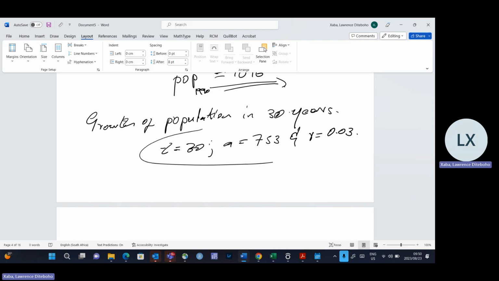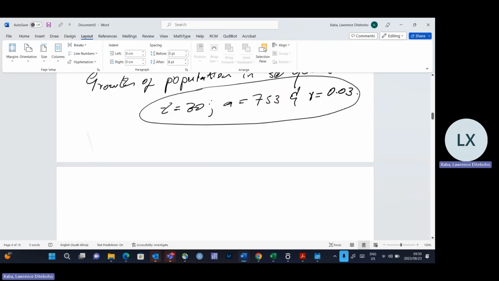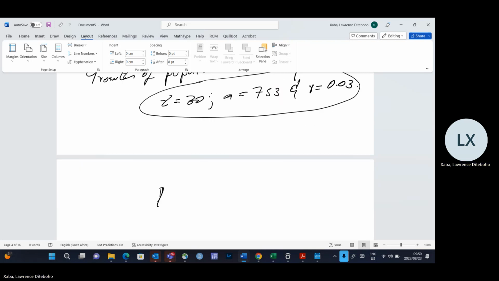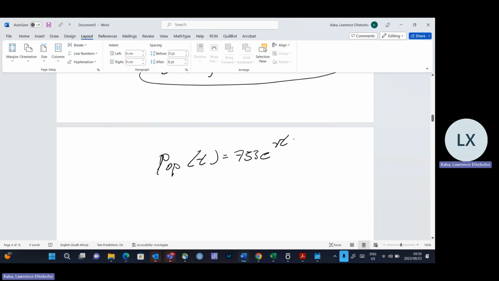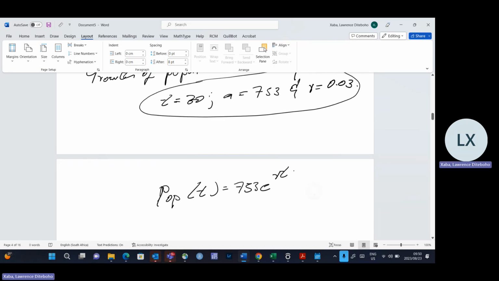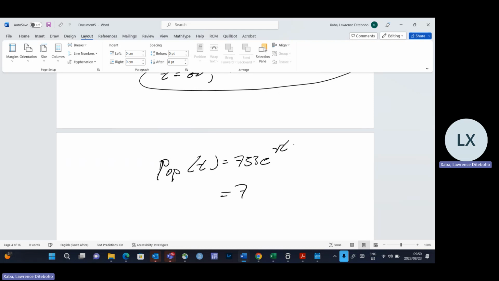So this information that we have, we'll just put it in our function, where we said our function is pop open brackets T equals 753 to the power e to the power RT. This is our function. Then all you need to do now is substitute what we have. Already I've substituted our A, where we have 753 e to the power 0.03 times 30 years.